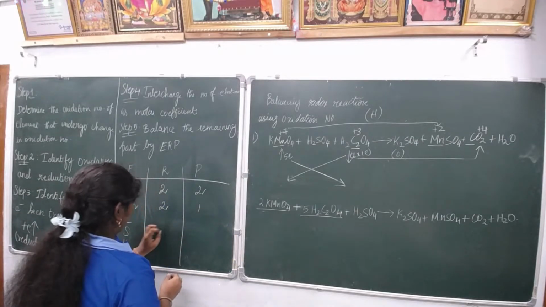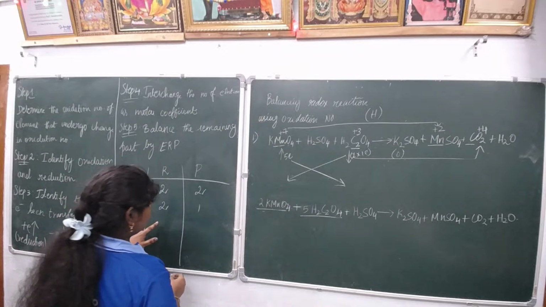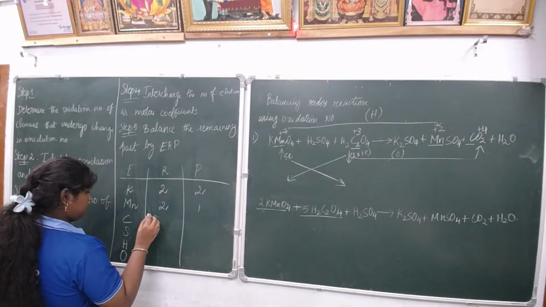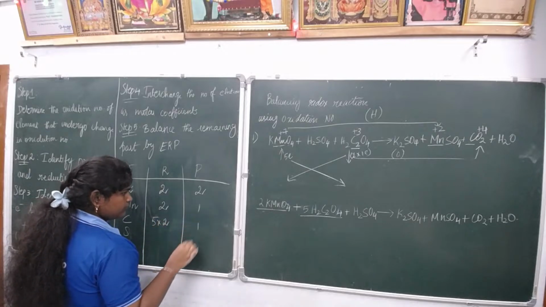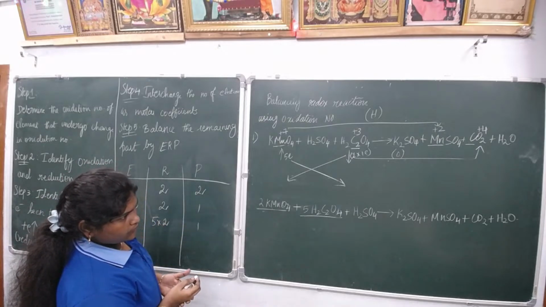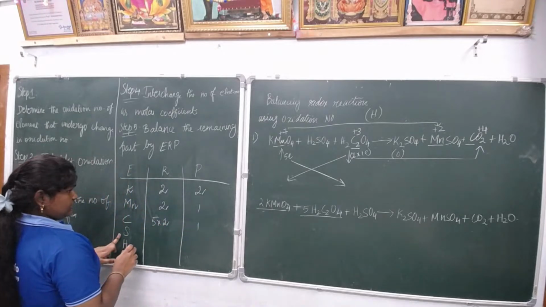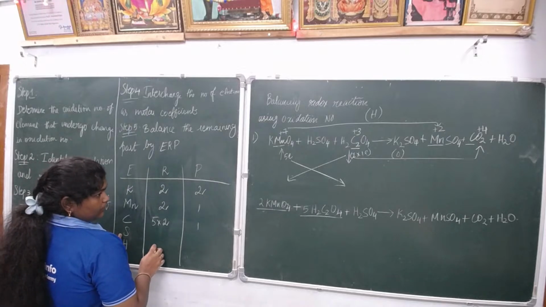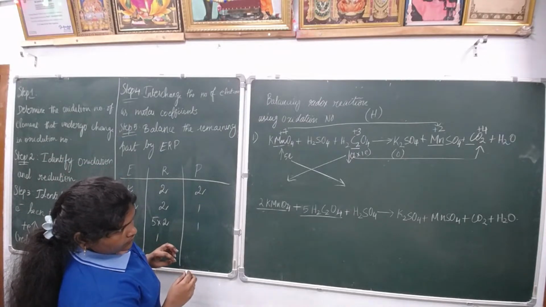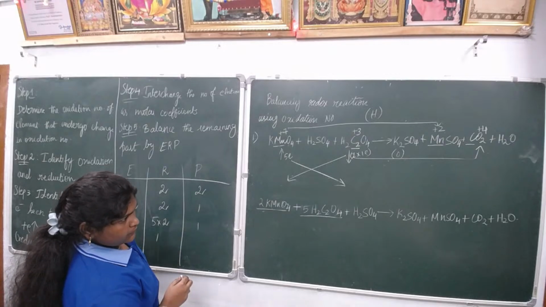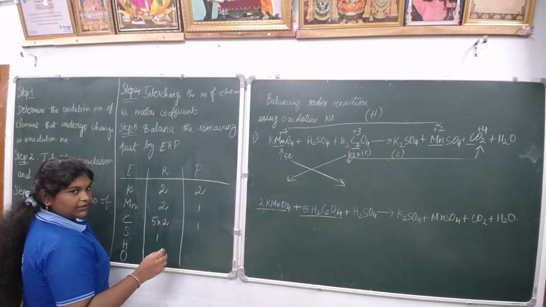And what about carbon? 5 twos are 10. You can put 5 into 2. And here, only 1 on the product side. And then on the reactant side, sulfur, how many? 1 sulfur. Here, you have to put 1 with gap, then 1 sulfur. 1 plus 1.